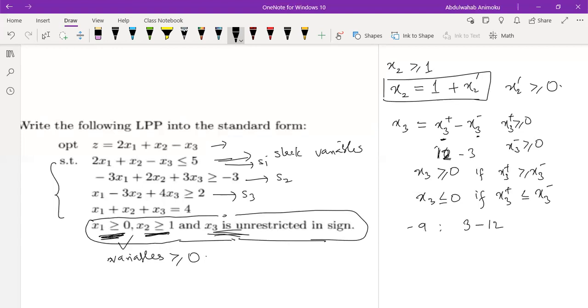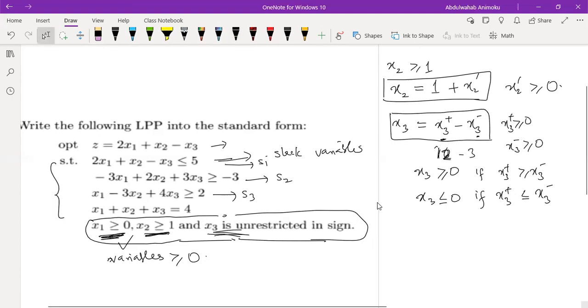It will be the reverse, where X3 plus will be smaller than X3 minus. That is a way to think about this. So this is another way to represent X3, and this representation satisfies the condition that we want. What is the condition? X3 could be positive or could be negative, and this would satisfy it, being the difference of two non-negative real numbers.